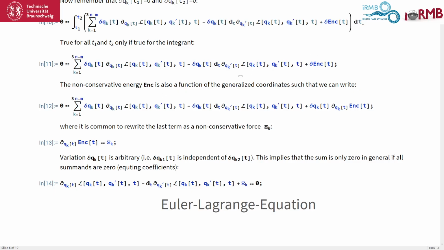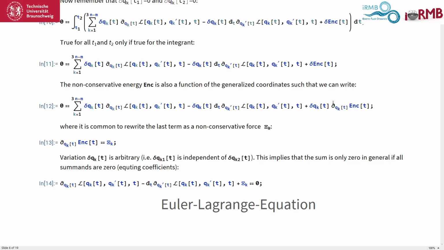Now this here somehow also has to be a function of the generalized coordinates. We are not very specific here, but this is again the chain rule, right? So somehow this must depend on the coordinates. We vary the coordinates and take the derivative with respect to the coordinates.